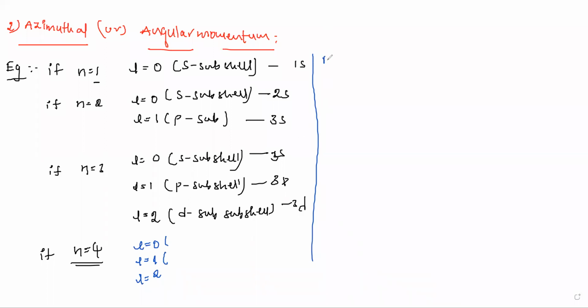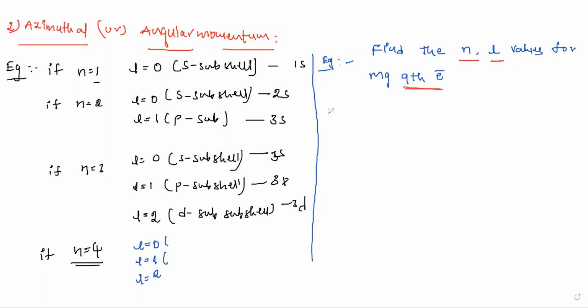Now I will explain with one example, as they may ask this question. Find the principal quantum number n and angular momentum or azimuthal quantum number L values for the ninth electron of magnesium.